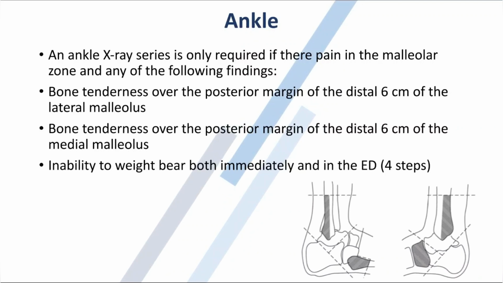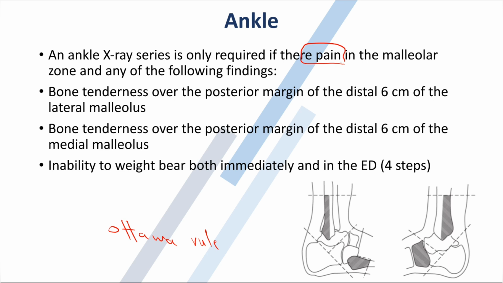Coming to the ankle joint, an ankle x-ray is only required if there is pain in the malleolar zone, at the site of the malleoli, and any one of the following. This is also the Ottawa rule for ankle x-ray.